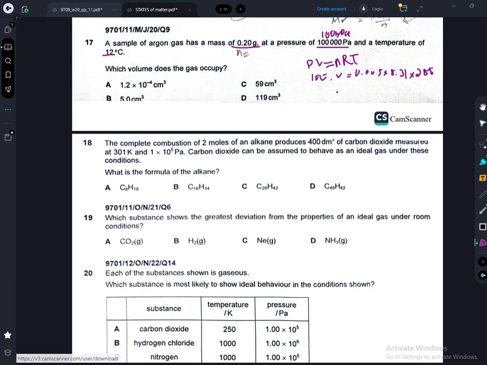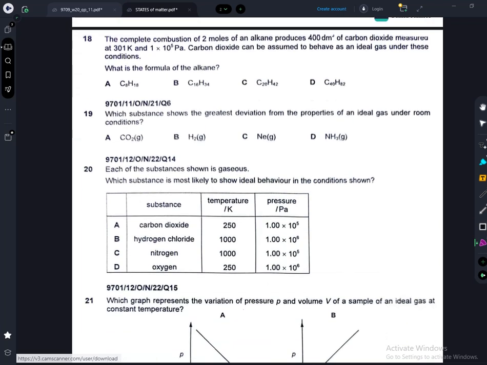This is divided by 100. So you will get the volume as 0.118 decimeter cube. For converting decimeter cube into centimeter cube, you multiply this by 1000. So this would be 118 point something, which is rounded off, so D is your right answer, folks.